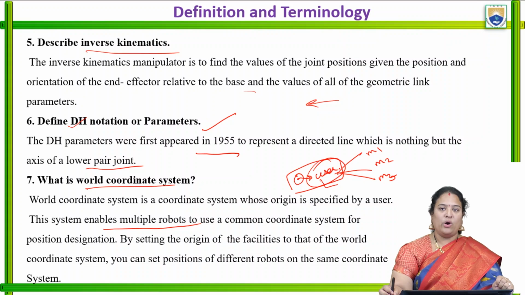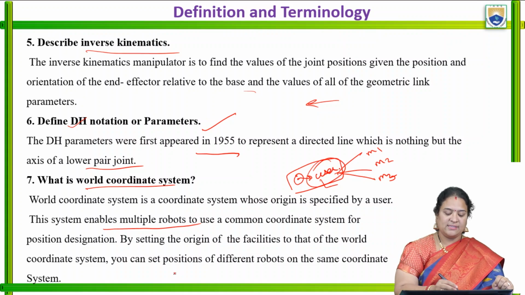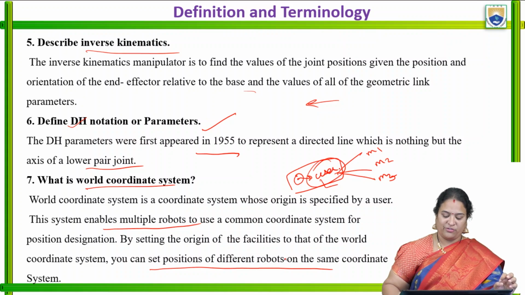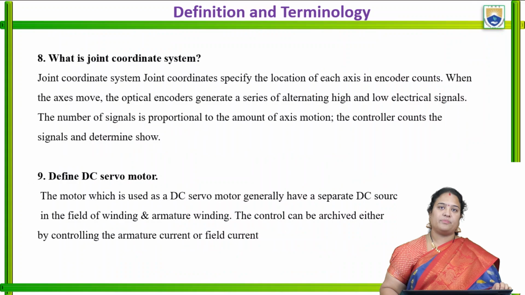So, by setting the origin of the robots to that of the world coordinate system, we can set the position of different robots on the same coordinate system. That is known as the world coordinate system.